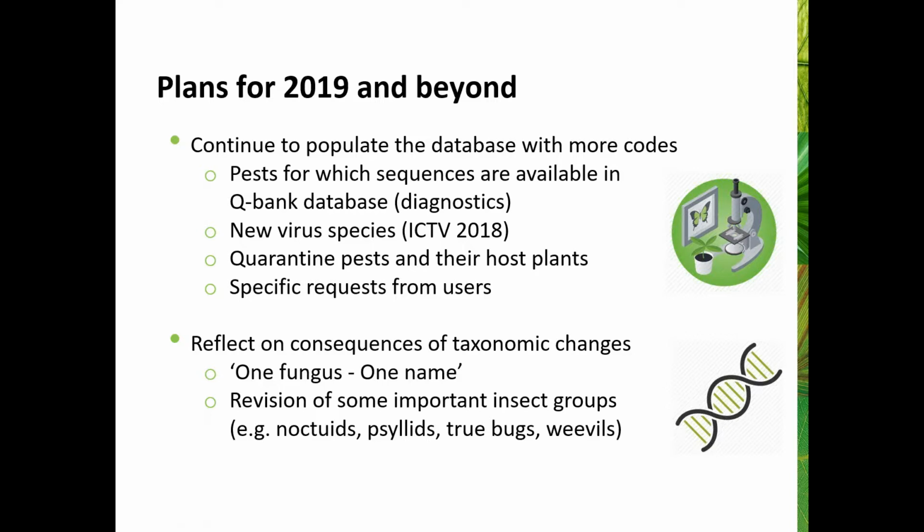This database is about diagnostics, and in particular, it contains DNA and RNA sequences for a number of pests that are important in plant health. For all these pests, we need codes, so this work is in progress.